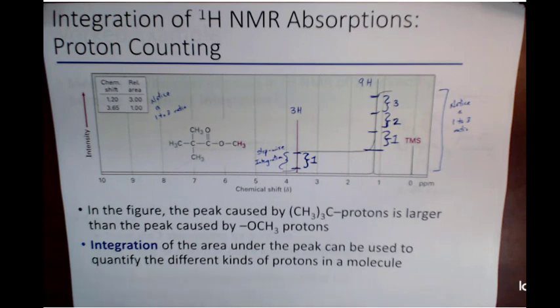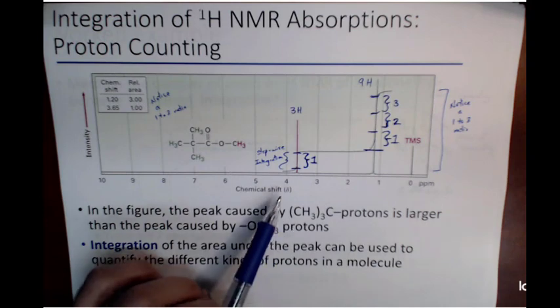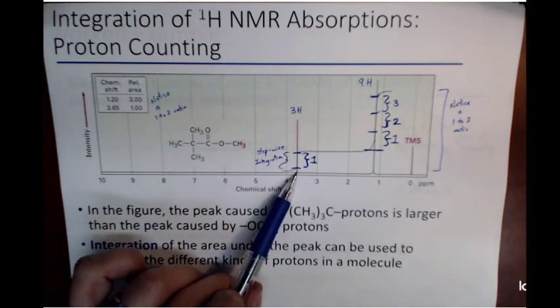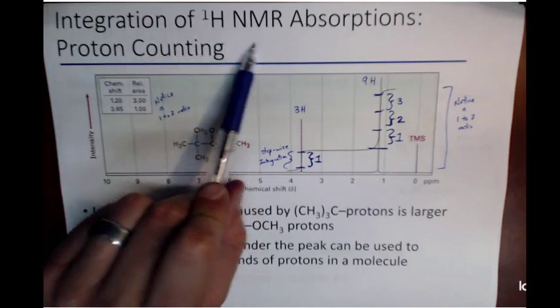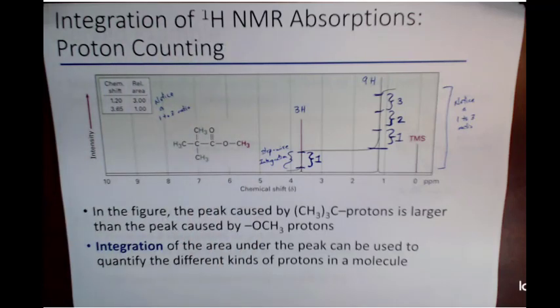You talk about integration of a curve, integrals, and if you're doing an integration, what you're doing is looking at the area under the curve, and we as chemists use that concept quite frequently in our spectra, because if we integrate under a given peak, finding the area under the curve, that can give us an idea of what concentration we're looking at, or how many hydrogens we're talking about.